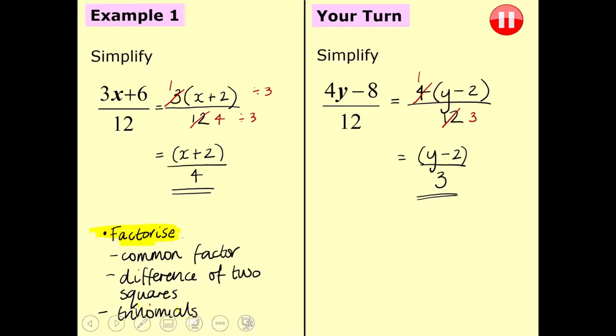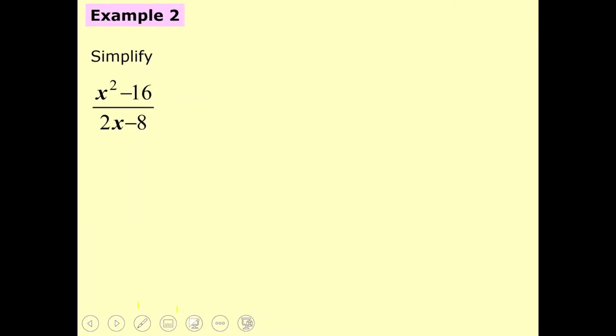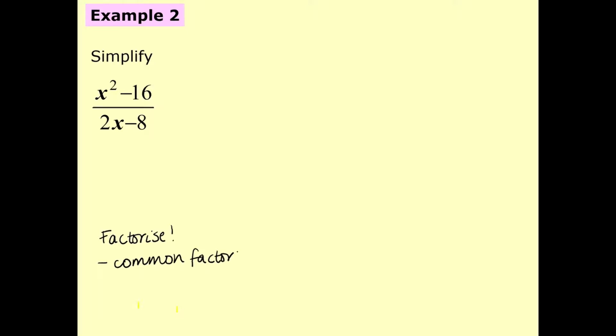Okay, let's look at a second example. Again, simplify x squared subtract 16 over 2x subtract 8. We are going to factorise. So first, always factorise. First step, is there a common factor? So we're thinking about factorising the numerator and then factorising the denominator.